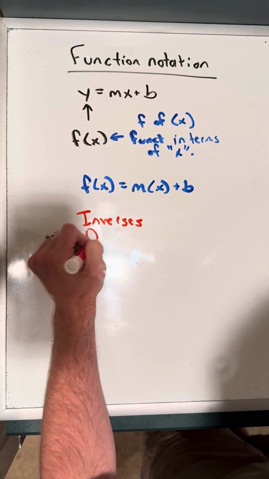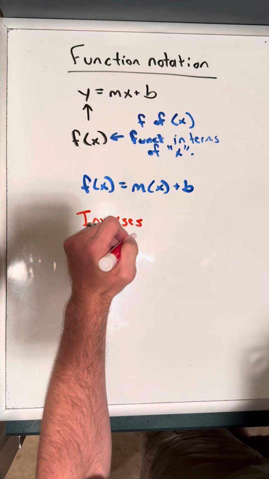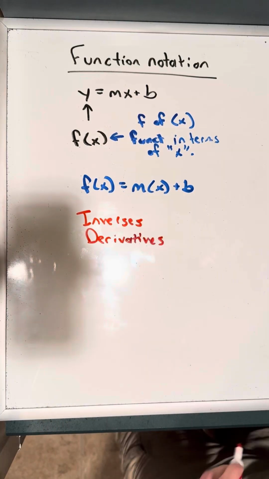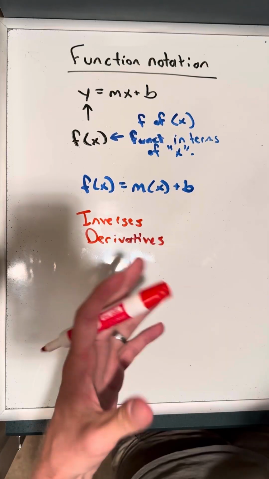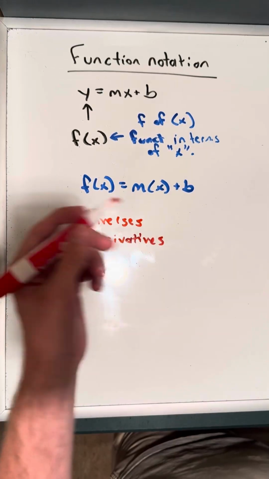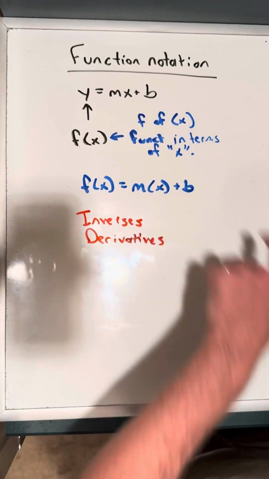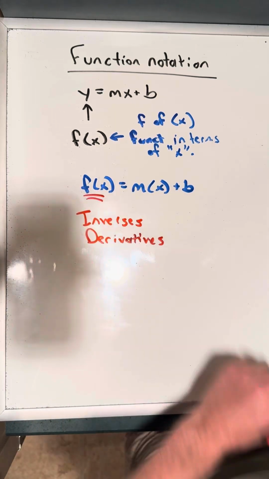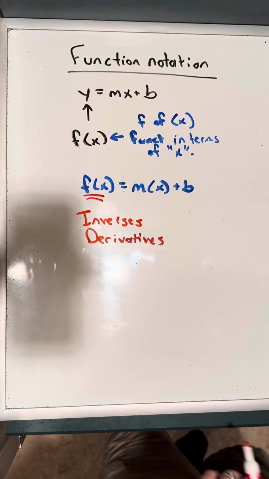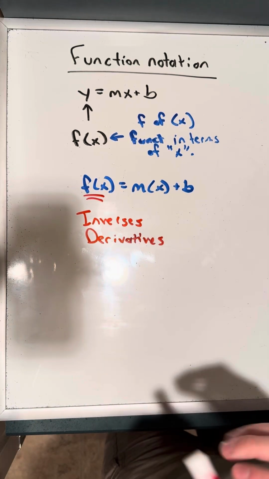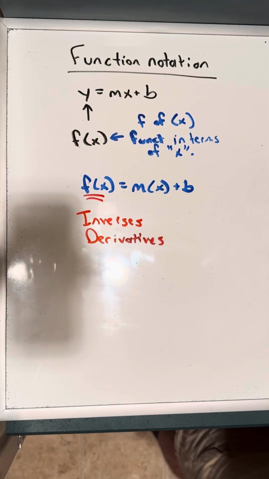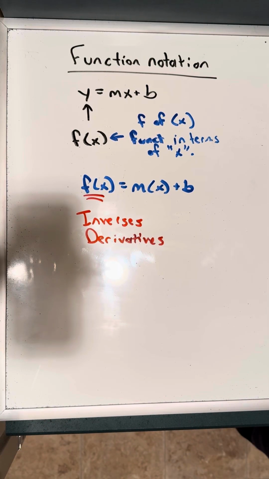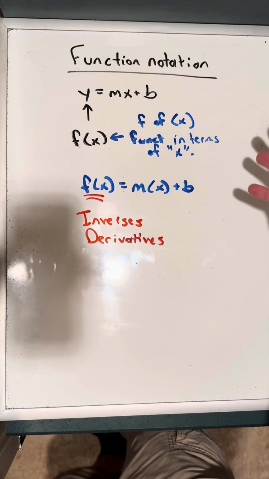When you start learning things like derivatives, oftentimes they will start using function notation. These are somewhat complex, but they use this in a much more basic way. They use this to just identify how to plug in variables into an equation and what those variables actually mean. So that's been the basics of function notation. Not super complex as an individualized concept, but still probably deserves its own little short video.